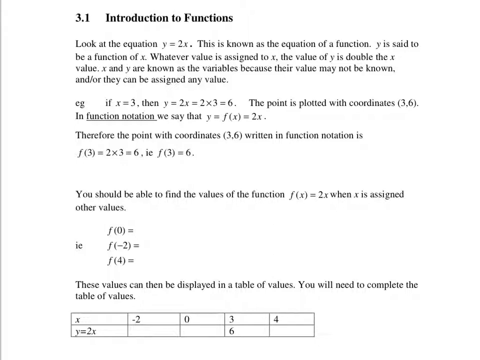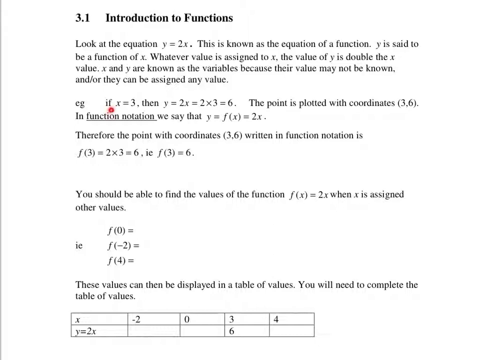Because we have just had a look at the Cartesian coordinate system, where we plot our y values on the vertical axis and the x values on the horizontal, I can actually plot this line on a Cartesian coordinate system. But I need to determine some points that will lie along the line, so I can apply any value I wish to x.